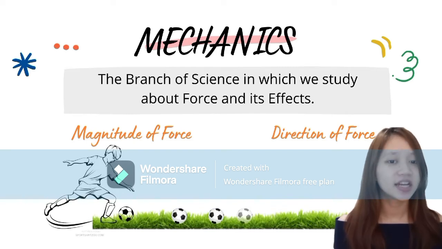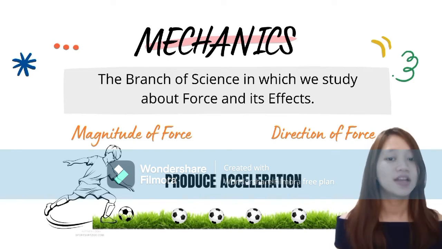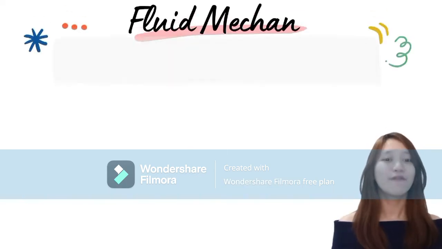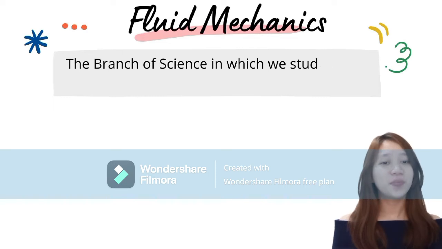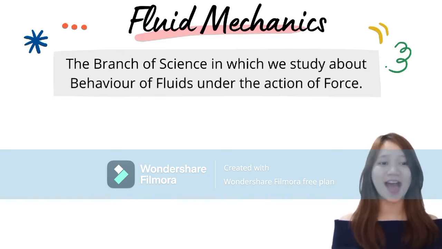When you kick it, you exert force on it, and force produces acceleration. So just remember that in mechanics, we study force and its effects. Now, what is fluid mechanics? The branch of science in which we study the behavior of fluids under the action of forces is known as fluid mechanics.